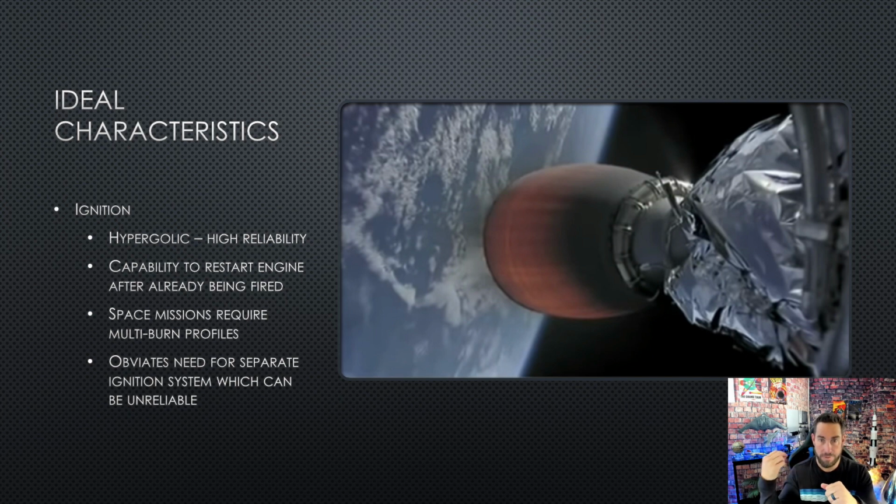You're going to have different pumps, and maybe these different starting slugs or hypergol slugs that will get the process going. You basically just need a separate ignition system to get that all going. So the easiest way is to just avoid all that and use hypergols. Use hypergolic fluids that are going to explode right away, so you get that second burn capability. You get multi-burn capabilities to go along with that.